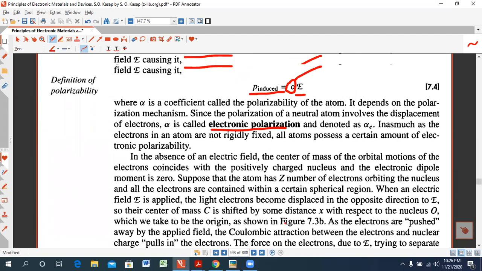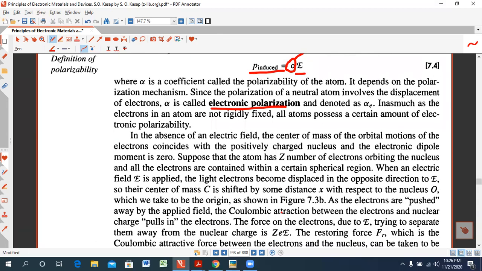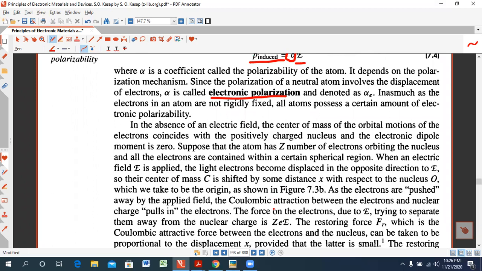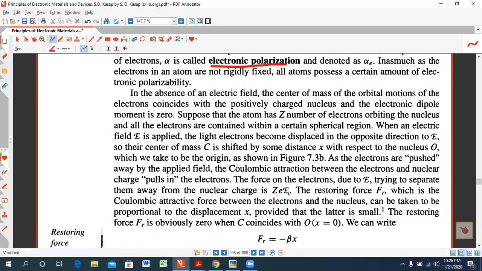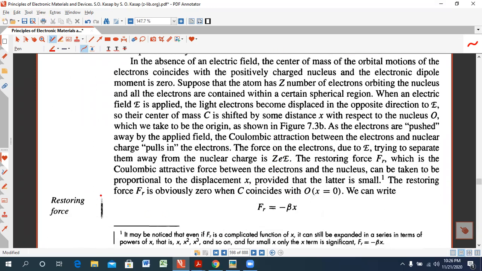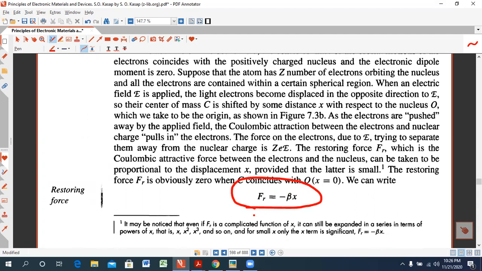Now from here we can also explain what happens if the number of electrons increases. If the displacement distance is x, this restoring force should equal minus beta x. You know these things from classical physics.